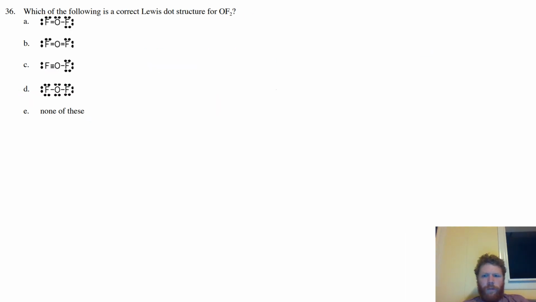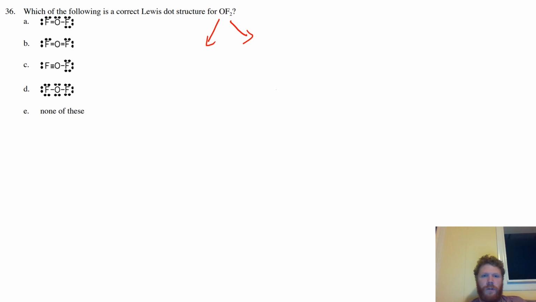In this practice problem, we are selecting from a series of different options to figure out which is the best representation of a molecule. Now, to solve this problem, you need to figure out how many valence electrons each of these atoms has. Well, we have OF2, or OF sub 2, so we have one oxygen atom.